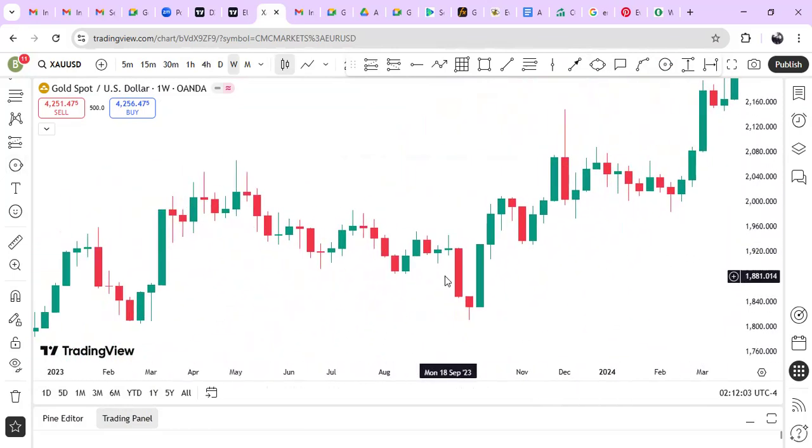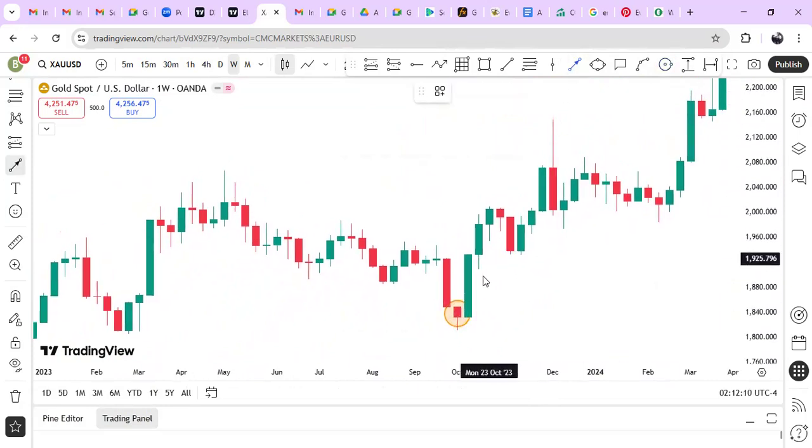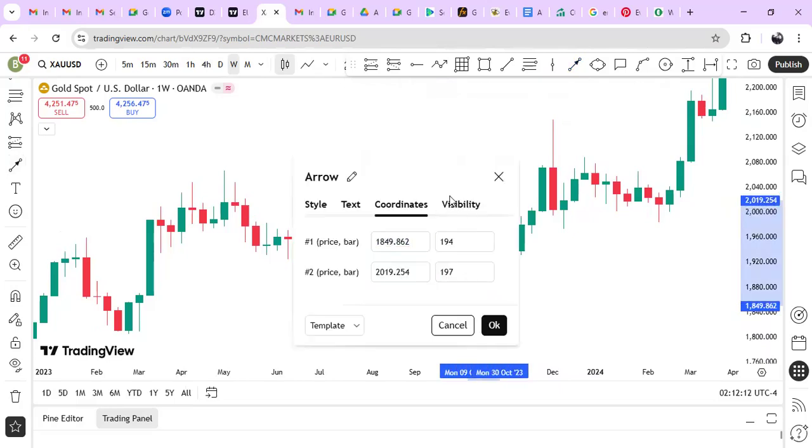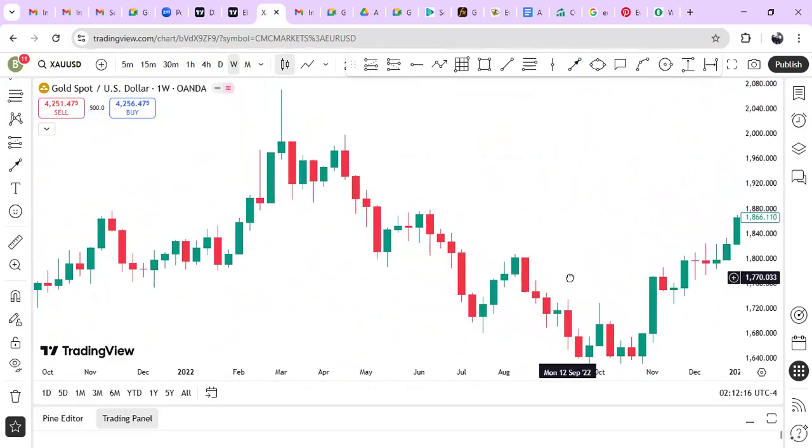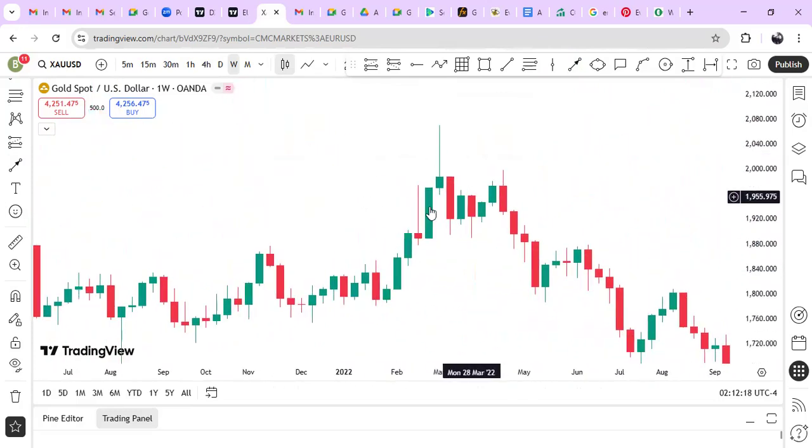We had a ranging market here. Then this hammer formation came in here. And what happened? We had this bullish push to the upside. Hammer formed here. Hammer formation, an engulfing candle formed.